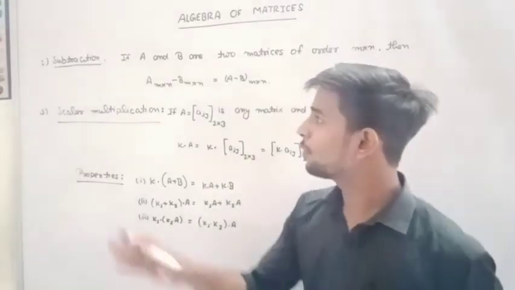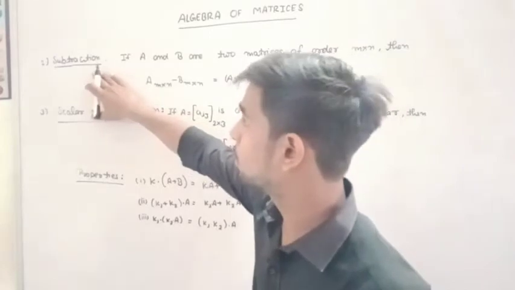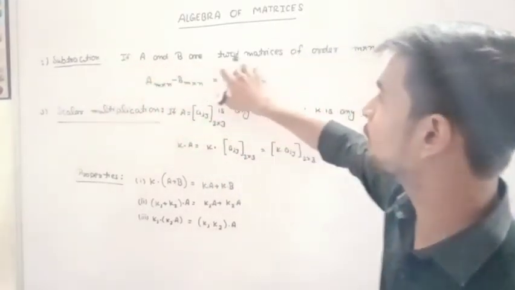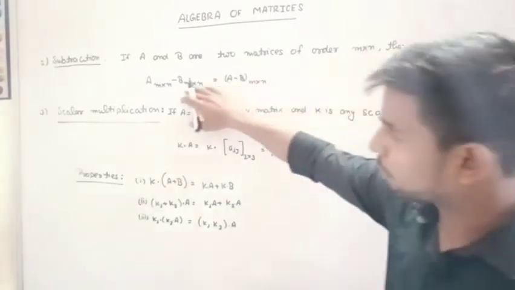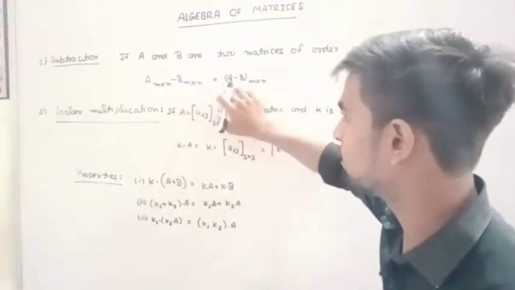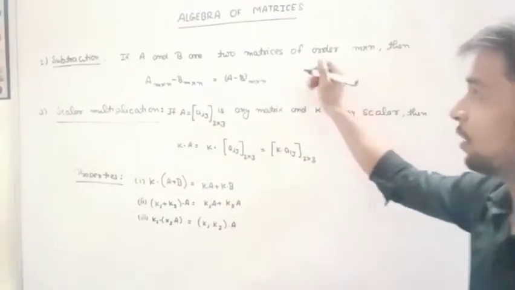So now we will discuss subtraction between two matrices. If A and B are any two matrices of the same order m cross n, then A m cross n minus B m cross n gives A minus B m cross n. Let us take an example.